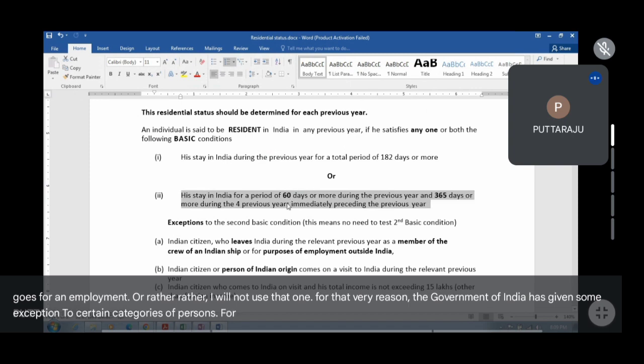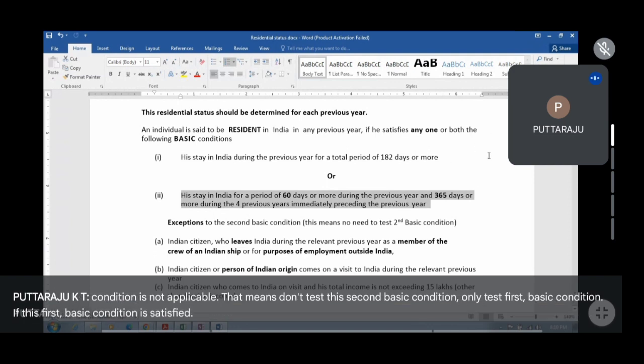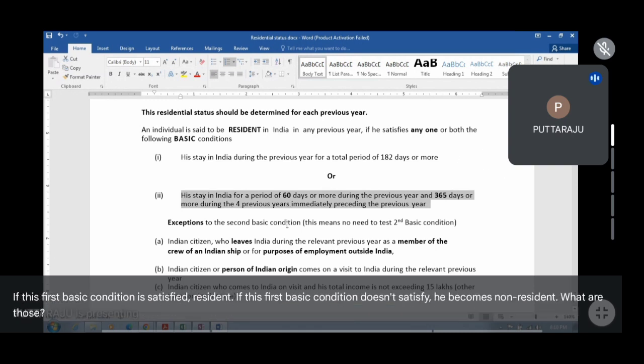For them, the second basic condition of 60 days is not applicable. That means don't test the second basic condition, only test the first basic condition. If the first basic condition is satisfied, resident. If it doesn't satisfy, he becomes non-resident. What are those exceptions we need to learn?